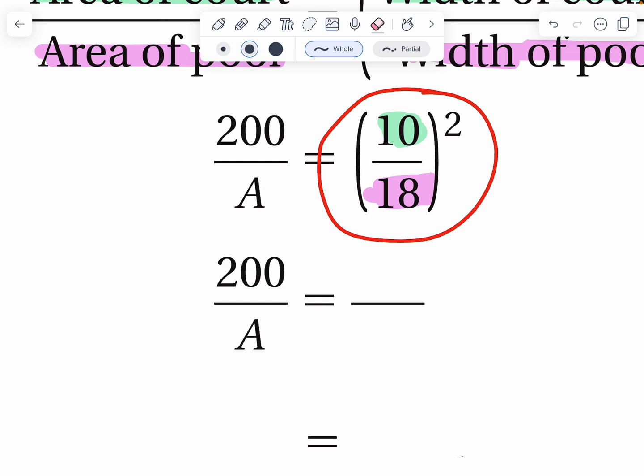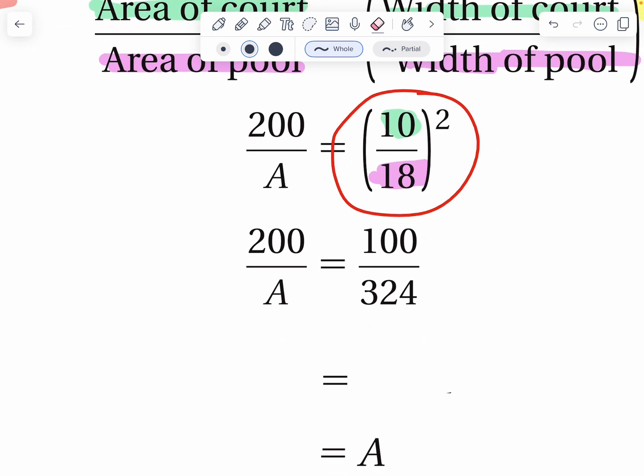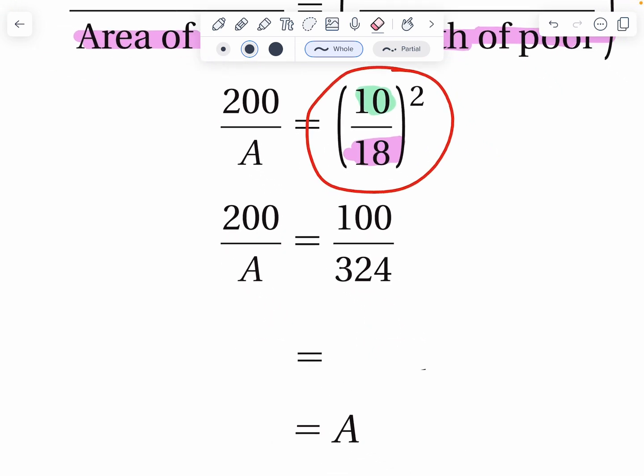10 squared is 100. 10 times 10. 18 squared, I don't know what it is. Let's find out. 324. All right. So we now can cross multiply, right? If we want to, we can cross multiply up and get our answer.